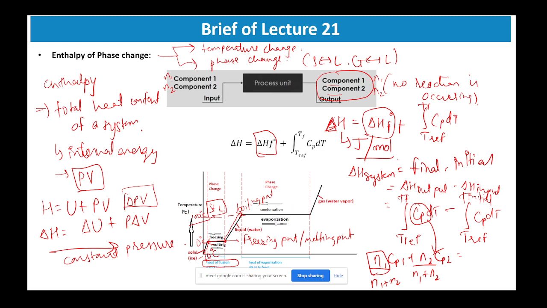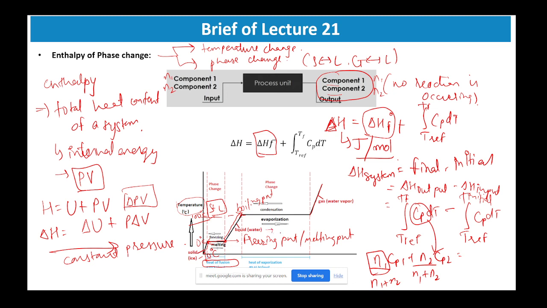During that phase also the temperature is constant, and after transformation to gas, the temperature will rise. So this is how the profile looks for the transformation from solid to gas. The amount of heat required will change from one substance to another.